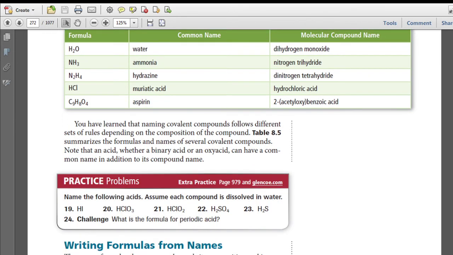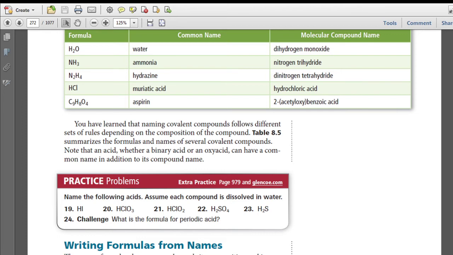You've learned that naming compounds follows different sets of rules depending on the composition of the compound. Now just note, please do not confuse these rules with the rules of naming ionic and metallic compounds. When we're dealing with nonmetals and nonmetals, we follow the covalent rules. If we're dealing with a metal and a nonmetal, we follow the ionic and metallic rules.